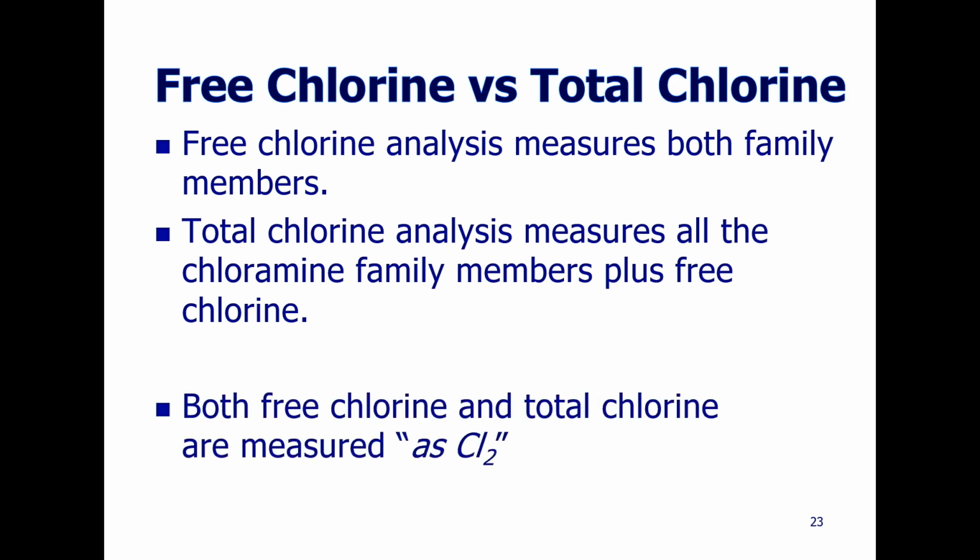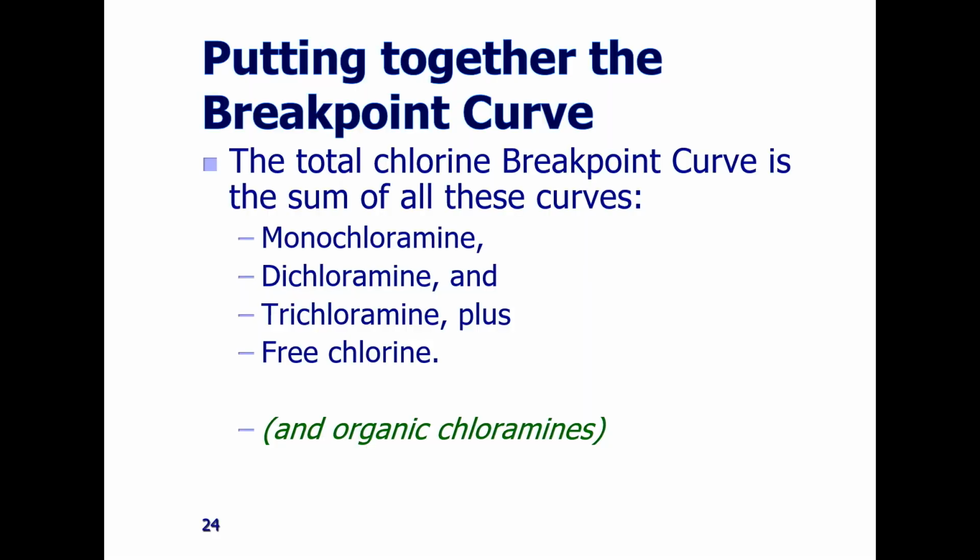Both free and total chlorine are measured as chlorine, so we can compare those across the way, because they're both the same chlorine, Cl2. So when we put together the breakpoint curve and we stick all these on top of each other, we get the breakpoint curve details.